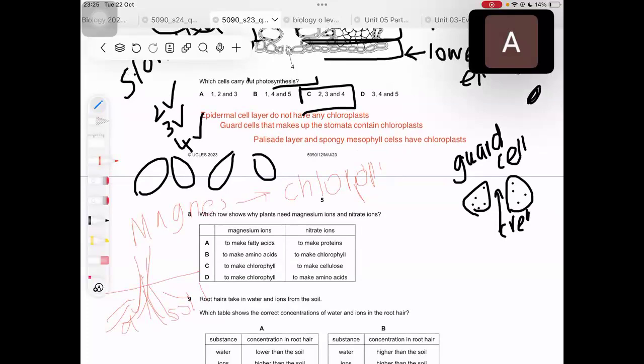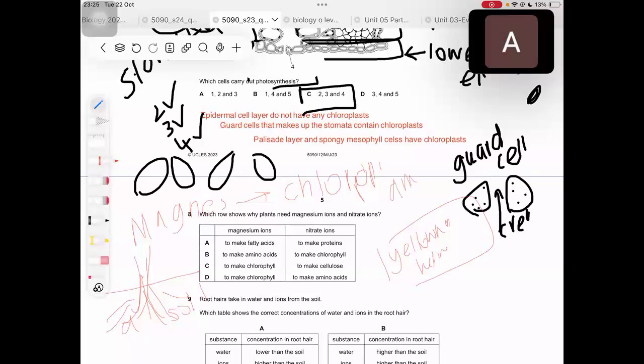Okay, so without magnesium, the plant will have yellow in between veins, right? Without magnesium, mainly you can see yellow in between veins. And nitrate ions are important to make amino acids, right?